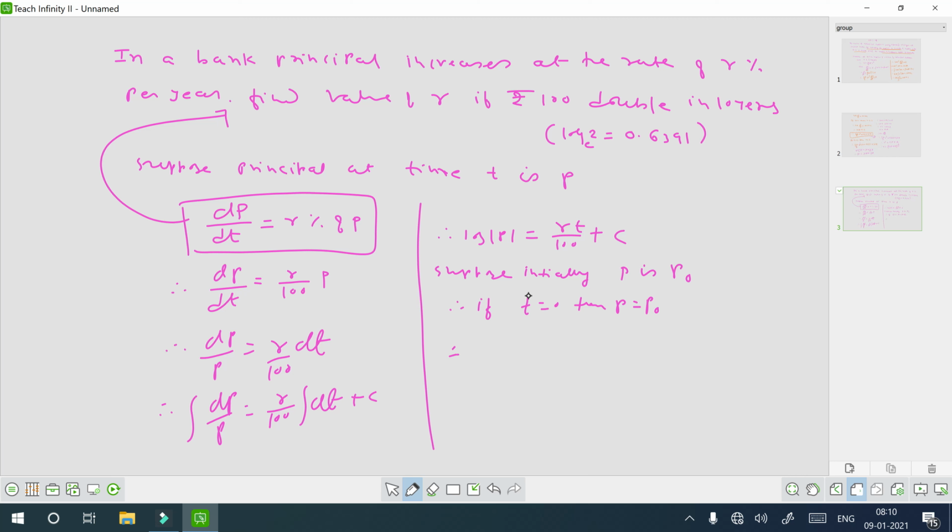So replacing this value, what do we get? Log P0 is equal to r into 0/100 plus c. So c is equal to log P0. That means we have to consider it in terms of magnitude.